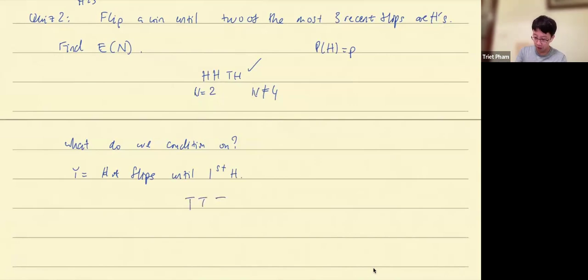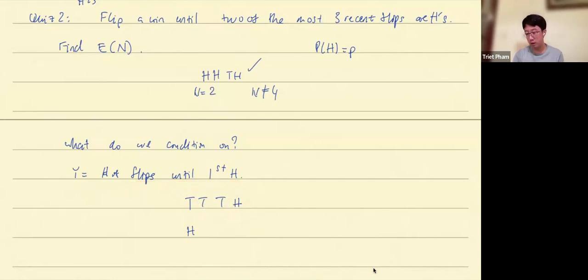Basically, what you're conditioning on is this scenario, that until Y, everything before that are all tails, or it could be that the first toss is a head, that's fine. But you're guaranteed that before Y, there's no other head besides that head. That's a powerful thing to know. And that's why conditioning on Y is appropriate here.